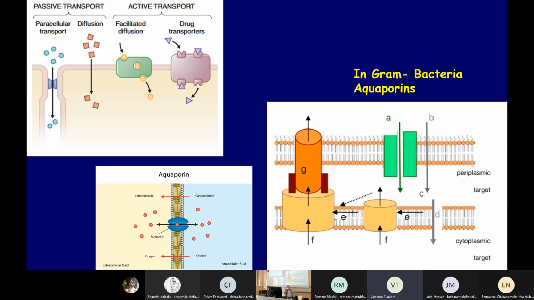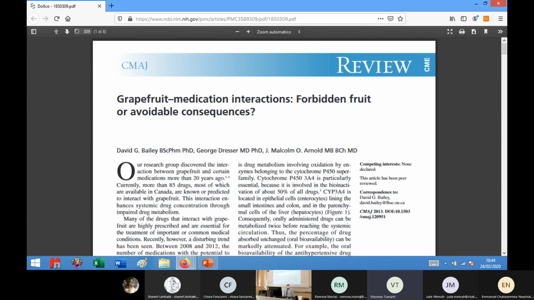So there is a competition between your drug and natural compounds. And sometimes several drugs must be taken alone without grapefruit, soy, and so on, in order to have an optimal absorption. We can say grapefruit, but also we can say foods in general.